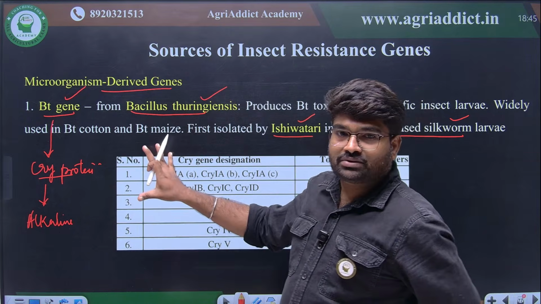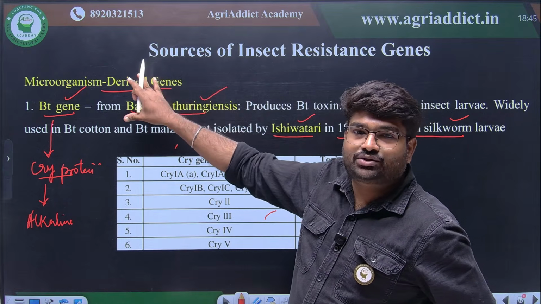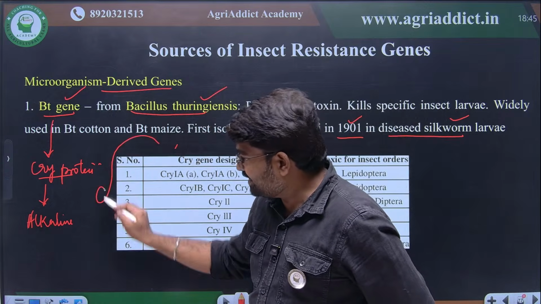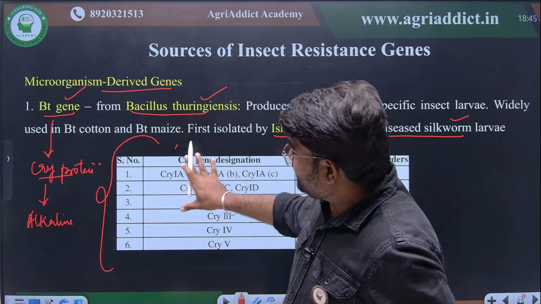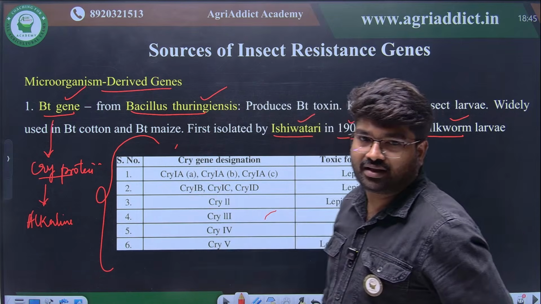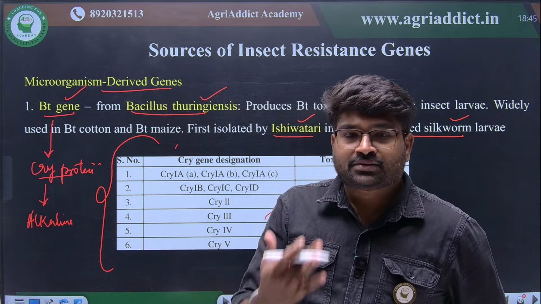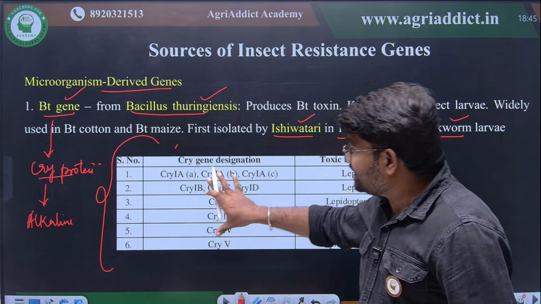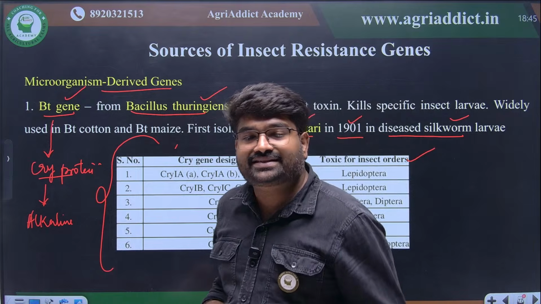Okay, so what questions may they ask? They have already asked about Bacillus thuringiensis, who discovered it, everything. So this year, if they want to ask some deeper questions, there are different classifications of Cry proteins: Cry1, Cry2, Cry3, Cry4, like that. So they may ask which Cry protein is used for targeting which class of pest.